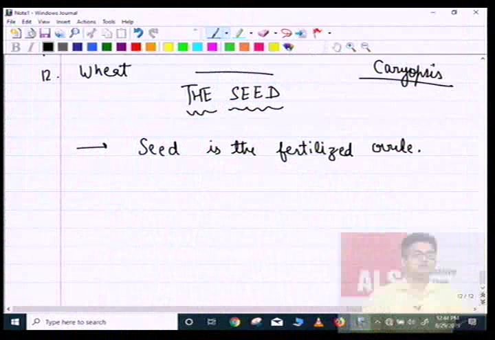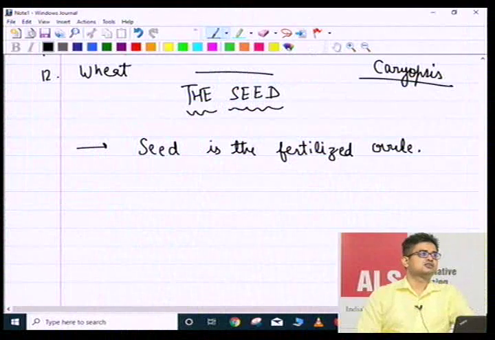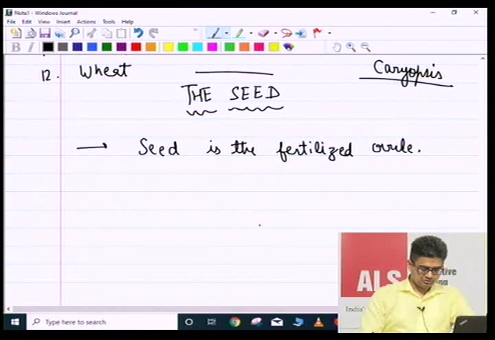The correct answer is Caryopsis, but wheat is a very, very good attempt by everyone. The fruit type of wheat is Caryopsis. Very good. Very happy you know this.